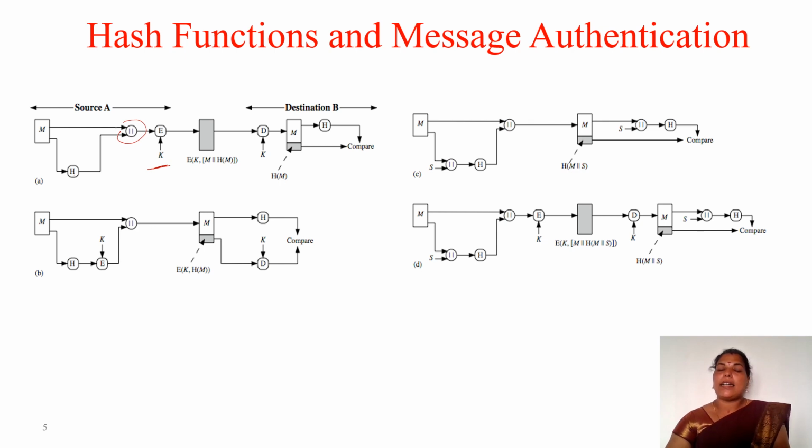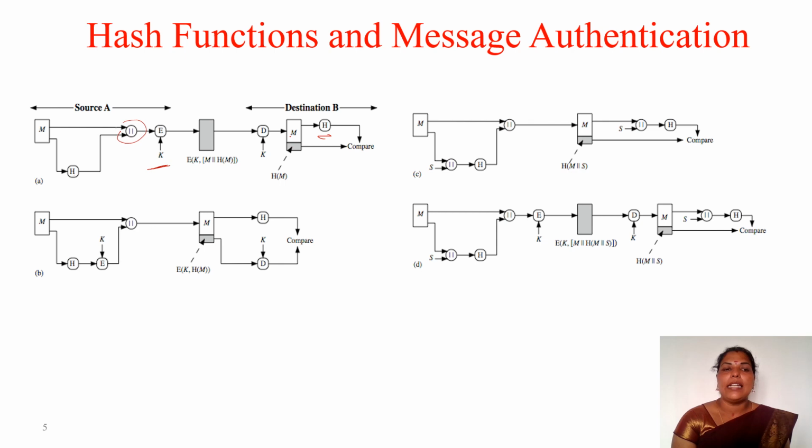Then that encrypted message is sent to the destination, and at the destination side it is decrypted. Then the message M as well as the hash of M is taken, and from the message a hash value is generated and compared with the existing hash value, and if it matches, they accept it as a correct value. That is, authentication is claimed.